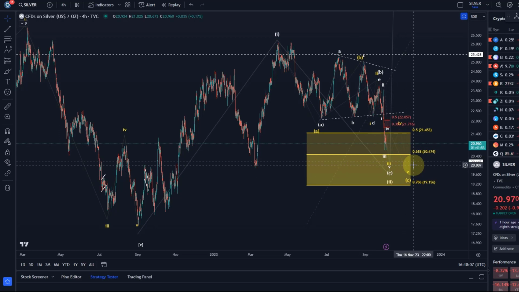And we focus on the trend, which is down. And we are focusing on the structures to tell us when the trend shifts. So far, it hasn't shifted. And if it means that the shorter time frame trend or the lower degree trend changes the larger degree trend, then so be it. We know exactly where that should take place, which is below the $19.15 level on the chart. That's my update about silver.